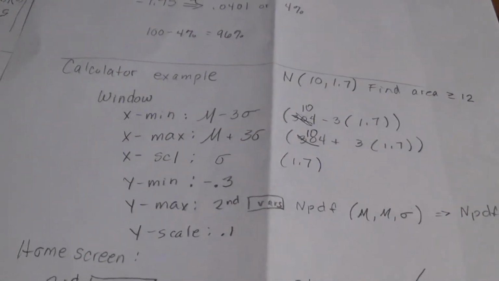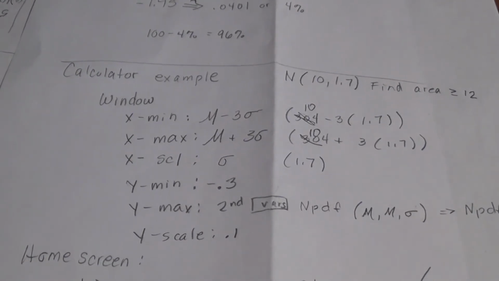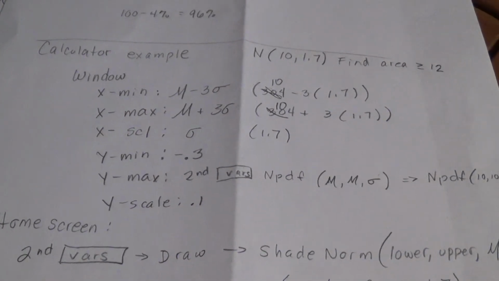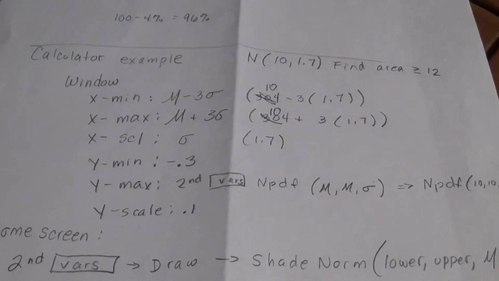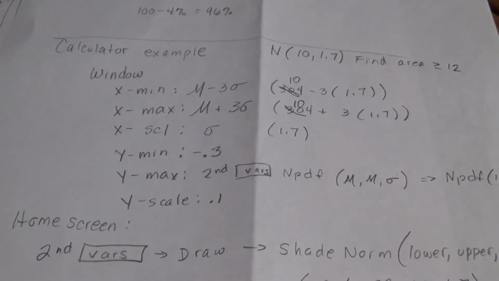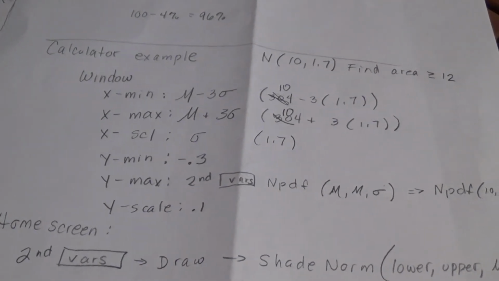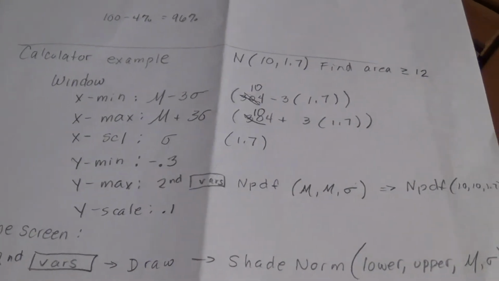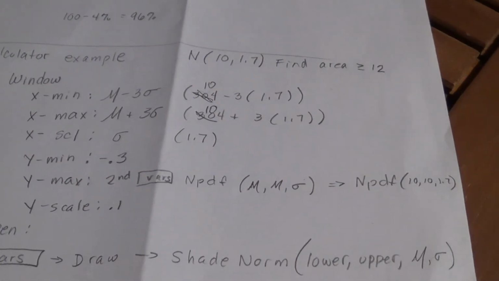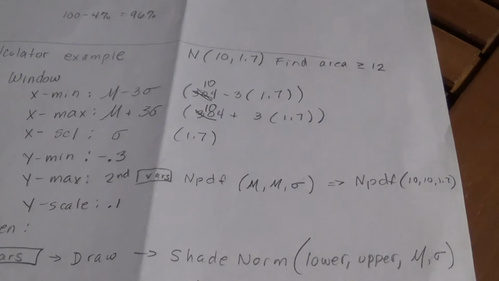So go back to the home screen, which is blank, and go back to second bars, and instead of the menu, I want you to go over to draw, and when you hit draw you will choose something called shade norm.